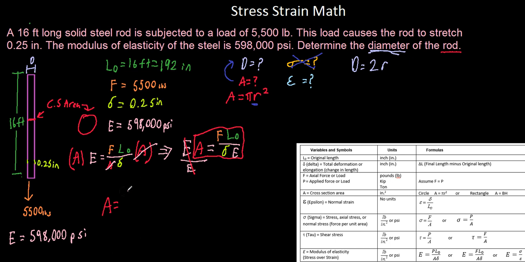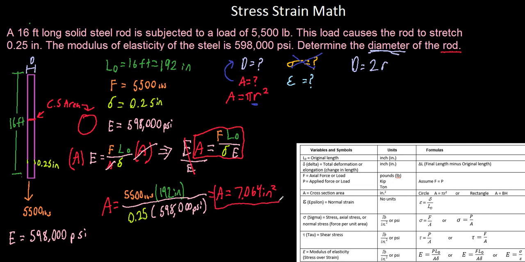Well, my force is 5,500 times my length, which is 16 feet or 192 inches, because everything else is in inches, and we multiply that by the change in length, which is 0.25, times our elasticity, which is 598,000 psi. I'll save you the math. What we end up getting is area equals 7.064, around about, inches squared.